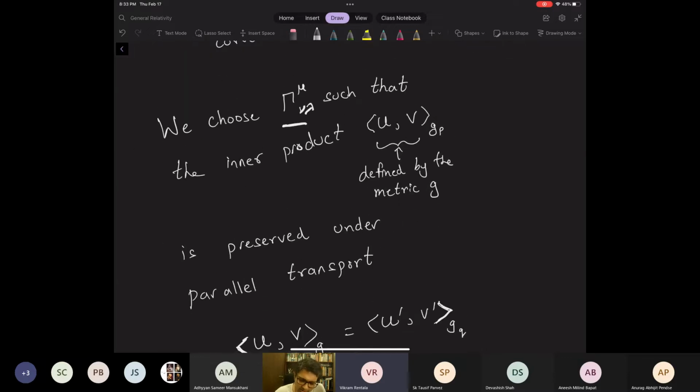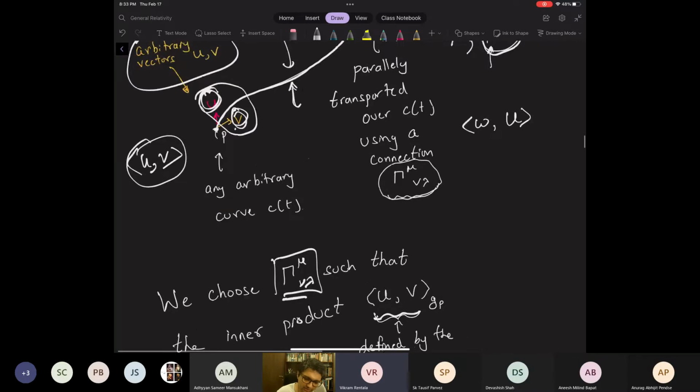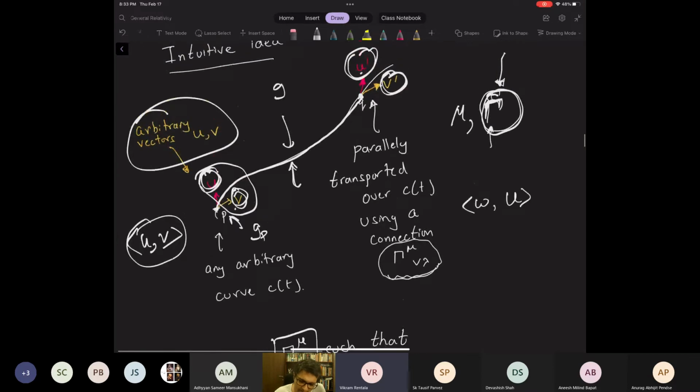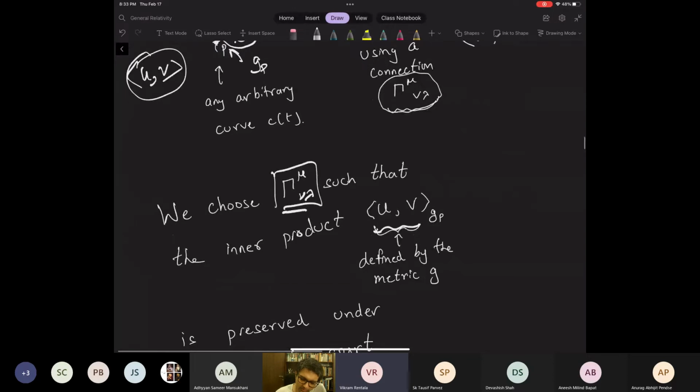So we'll choose connection coefficients gamma such that the inner product of u and v, taken using the metric at this point, is preserved when we parallelly transport them to this point q. What do we mean by the inner product at this point? In components you take g mu nu, u mu, v nu.